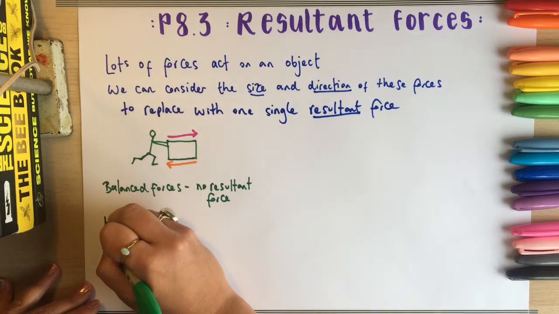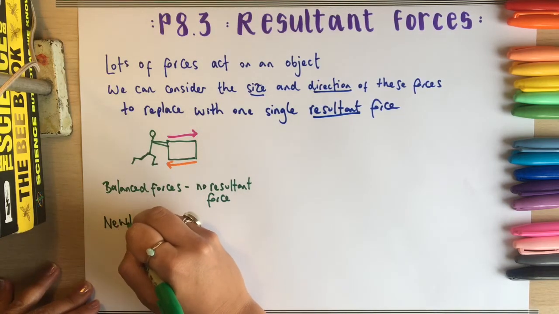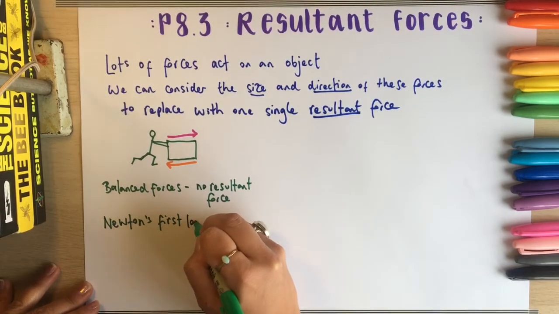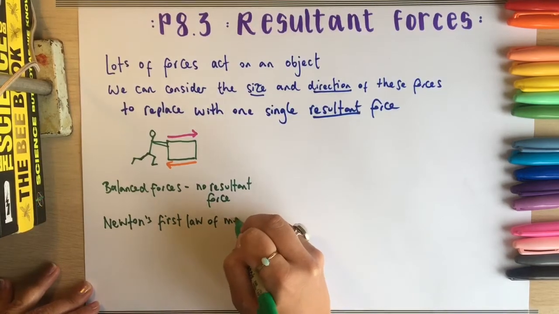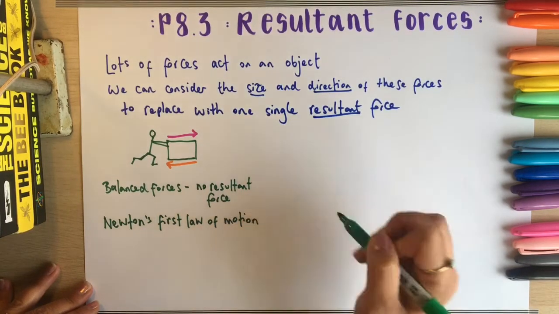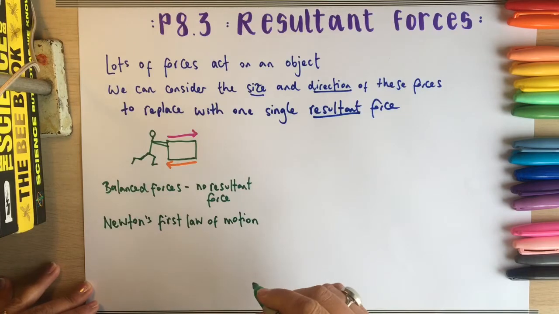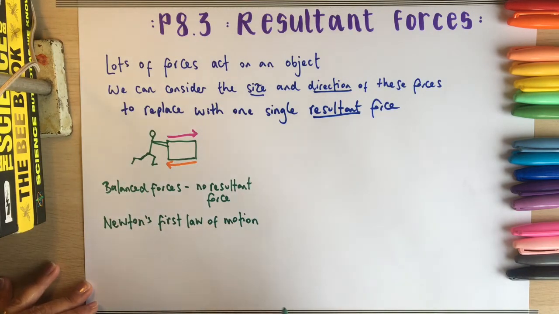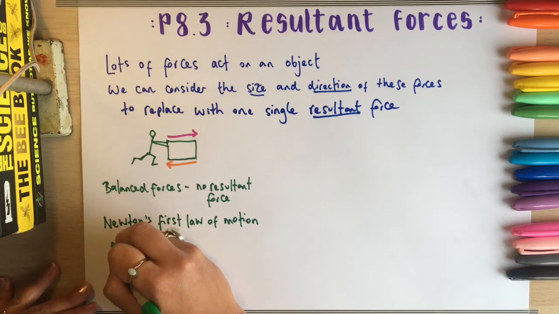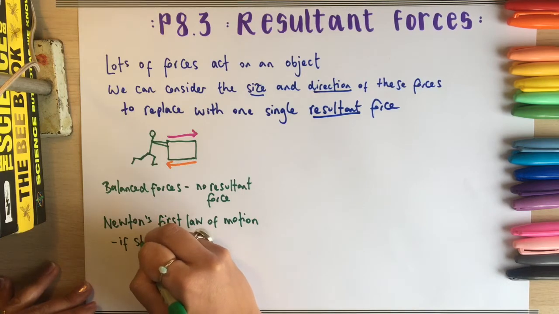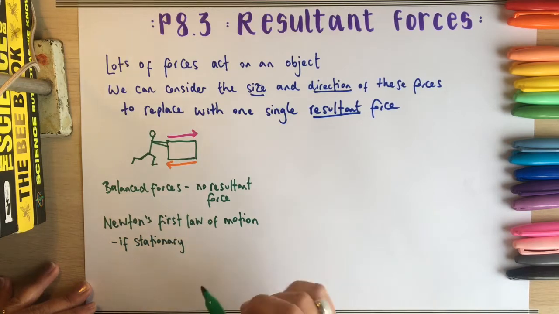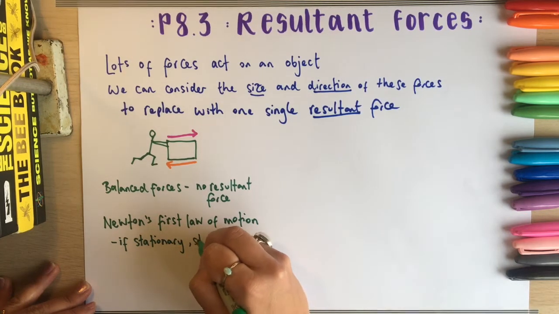Okay, so we need to know what happens when there's no resultant force, when the resultant force is 0, and this is basically Newton's first law of motion. So we talked last lesson about one of Newton's other laws, but this lesson we're talking about Newton's first law of motion, which is basically that if something is stationary at rest, it's going to stay at rest if there is no resultant force.